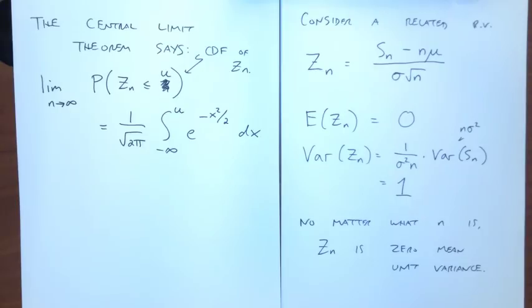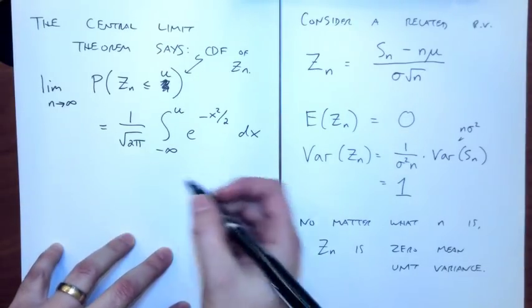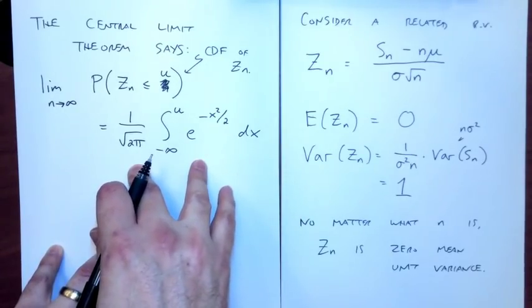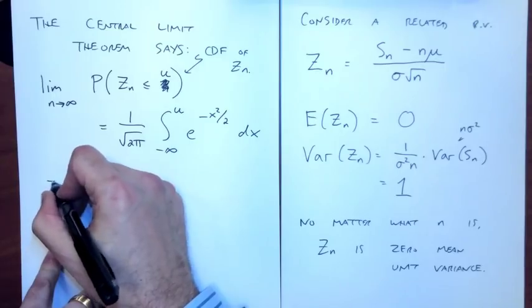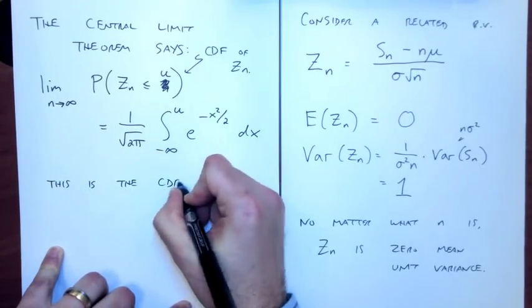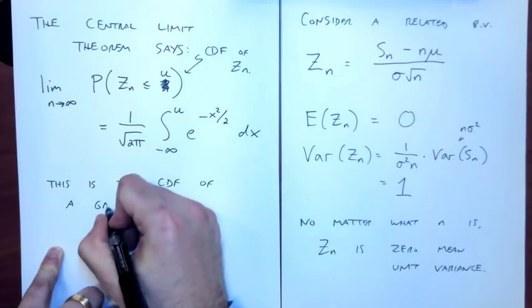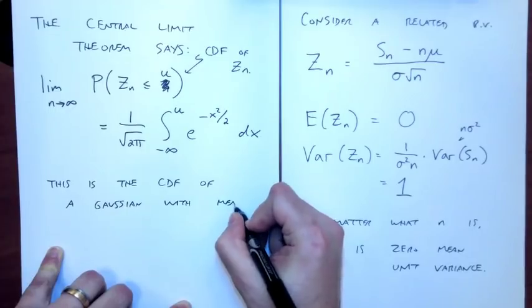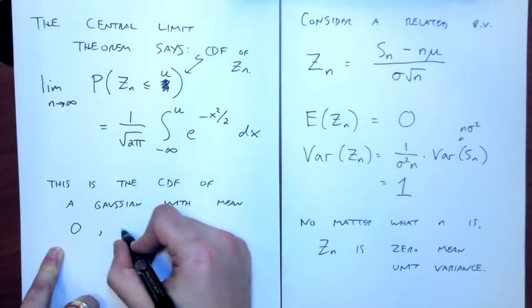So why is that interesting? Well, it's interesting because this is actually the CDF of a Gaussian with mean 0 and variance 1.